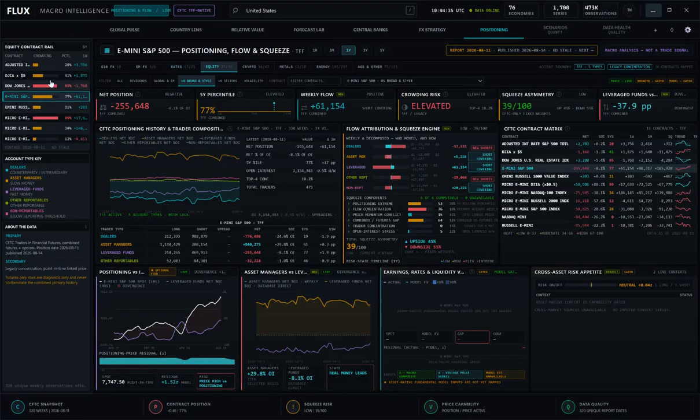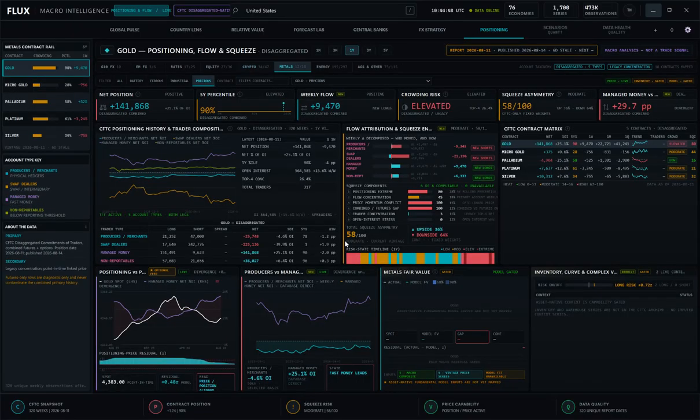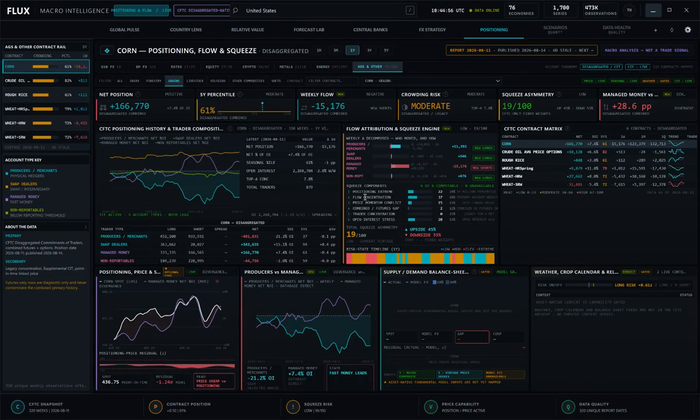Or if you want to do some equity analysis like E-mini 500, Dow Jones, and so on, and cryptocurrencies, Bitcoin or nano Bitcoin, and metals such as gold, platinum, silver, and so on, and the energy sector as well, and gas and agriculture industries as well. This is so far.